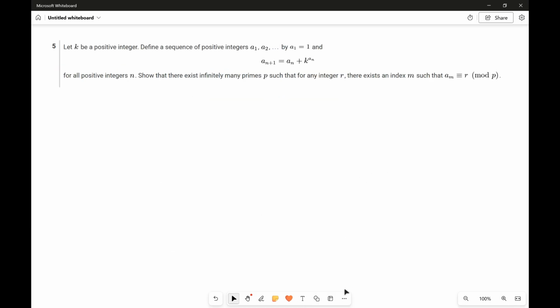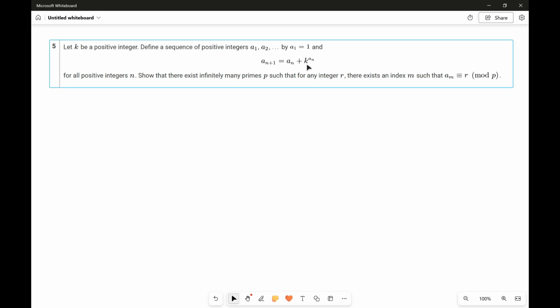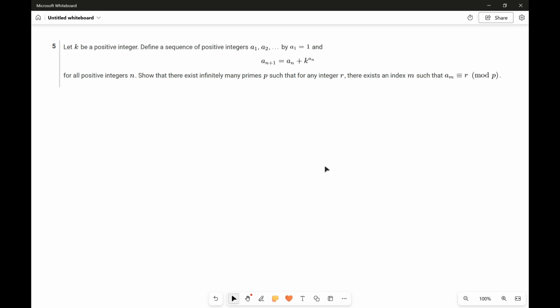Now let us solve the case for the general k. We can try employing a similar idea, where we take a prime p dividing k to some number m, maybe plus 1, because we used plus 1 last time, so let's see if plus 1 works this time.